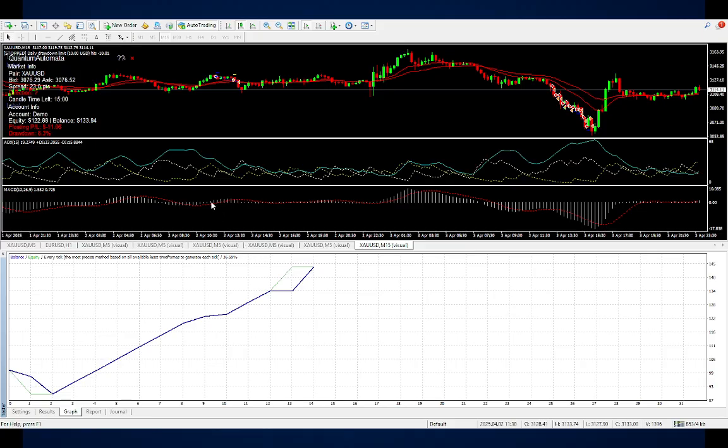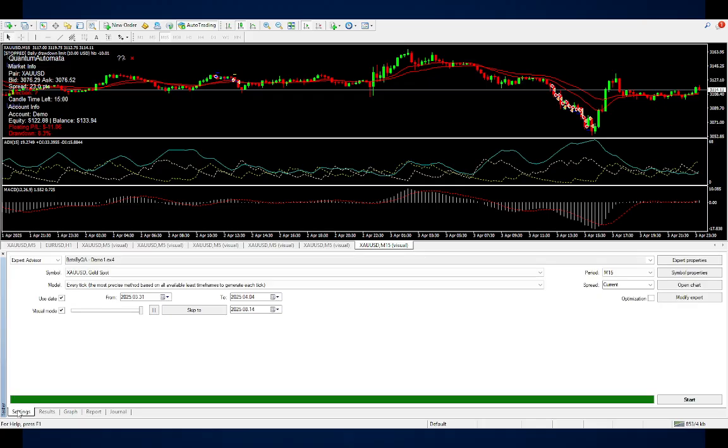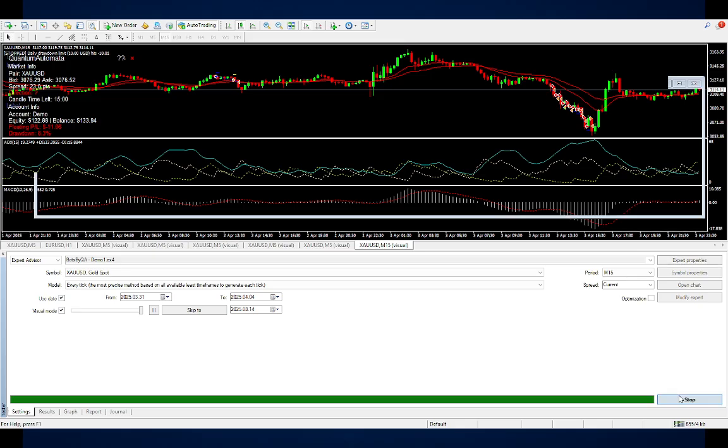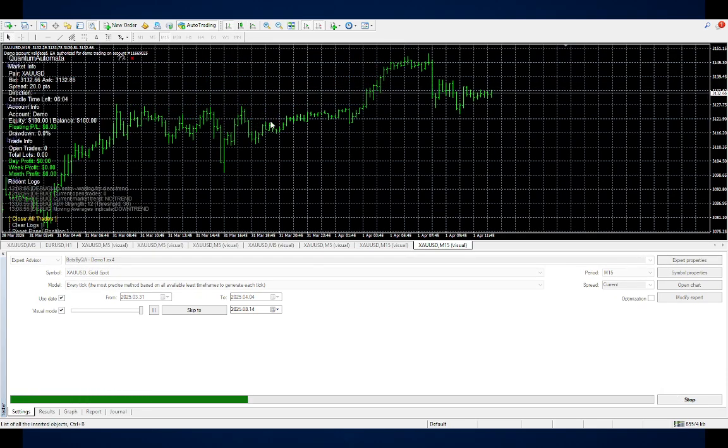So what I can do in this case is increase my lot like I did in the MT5 video yesterday. Let's say I want to increase my lot size to 0.02. Of course, I will have more drawdown, but in the long run, I will have more profit.